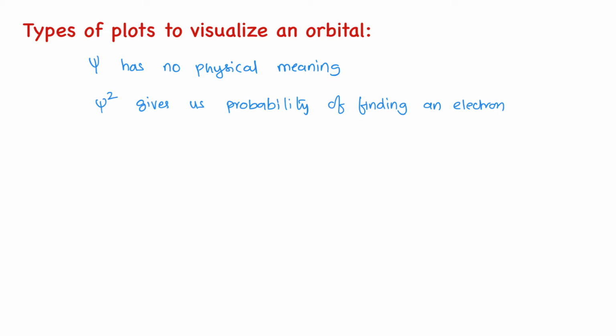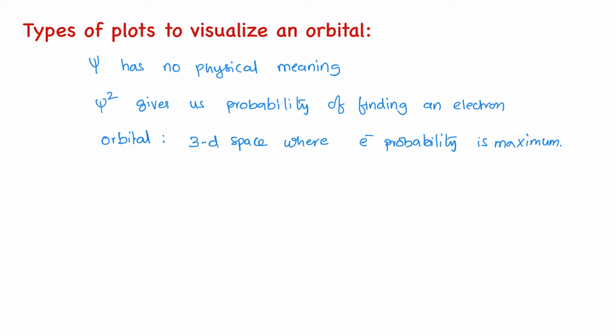Psi square at a particular point gives us the probability density of the electron at that point. We also defined the orbital as a three-dimensional space around the nucleus of an atom in which the probability of finding the electron is maximum.